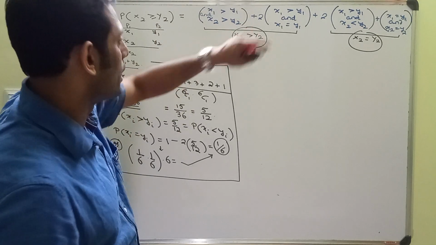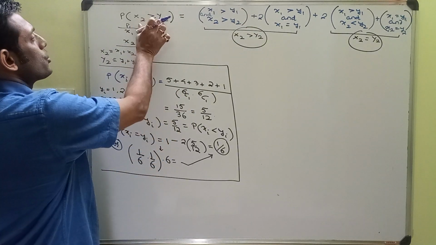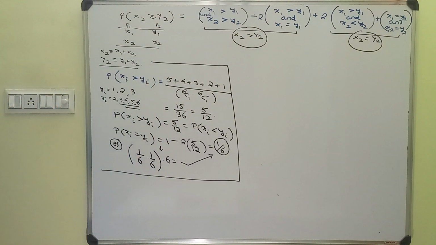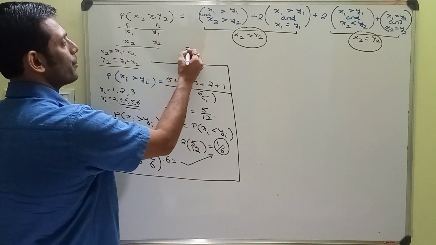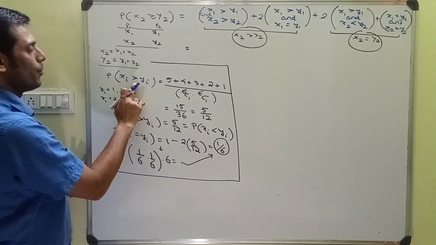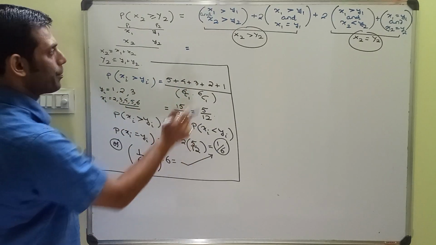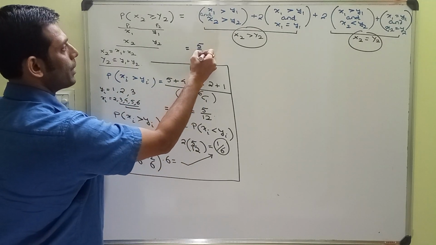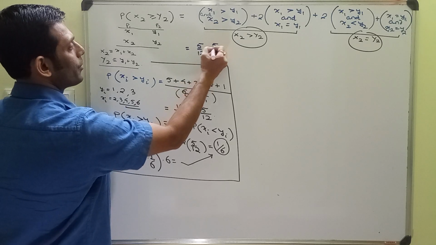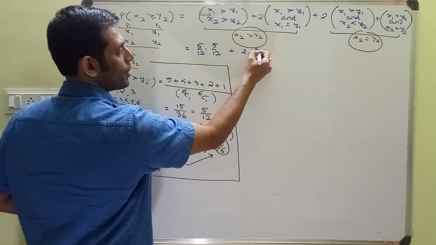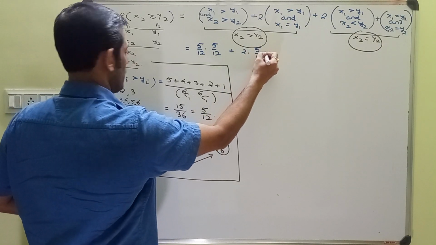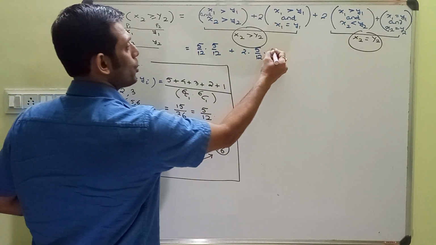Now let's get to this calculation. In this, P of x2 greater than or equal to y2 would require calculations for this. Here we begin. x1 greater than y1 means 5 by 12, and another 5 by 12, plus 2 times 5 by 12, and equal means 2 by 12.